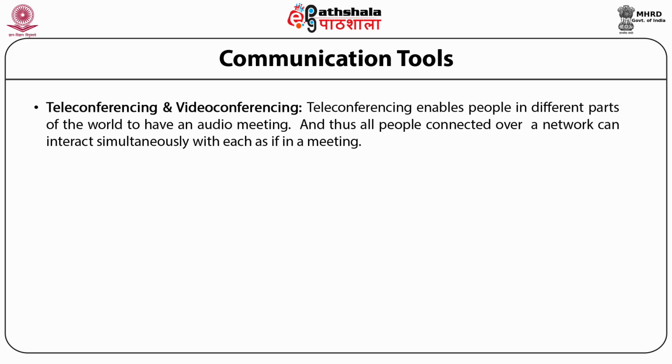A further advancement in this technology is video conferencing, where people connected over internet can not only hear but see each other as well. Thus, this technology allows remote users to interact as if around the same table, creating a virtual workplace and saving money otherwise spent on traveling and a lot of transit time which can be utilized elsewhere.